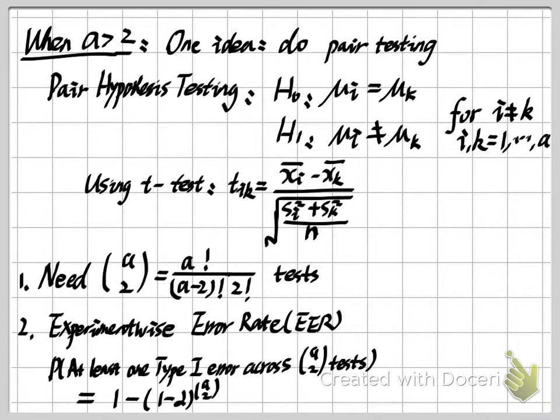So if we have a number of treatments, how many pair tests do we need? The value is this combination: the factorial of a divided by the factorial of a minus 2, times 2 factorial.